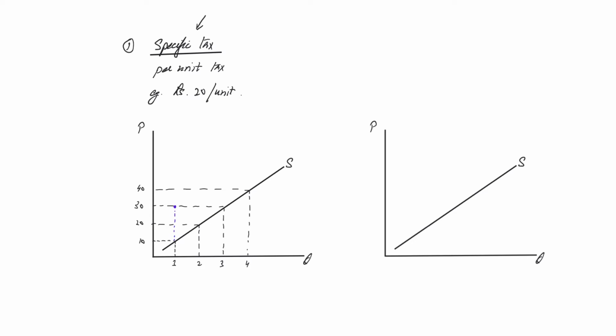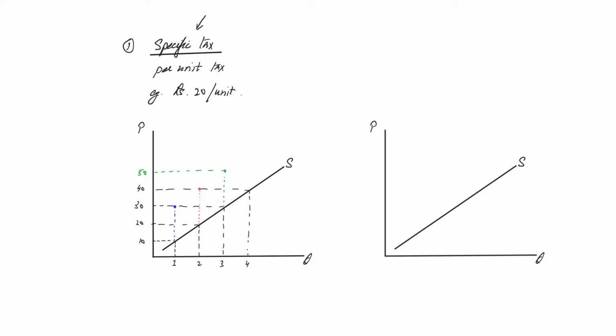For the second unit, I was willing and able to sell it for 20 rupees, but since the government wants 20 rupees on it, since my cost just went up by 20, I will charge 40 rupees for it. In case of the third unit, I will charge 50 for it.